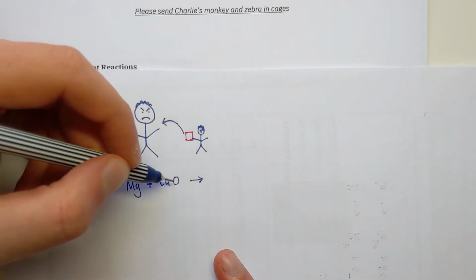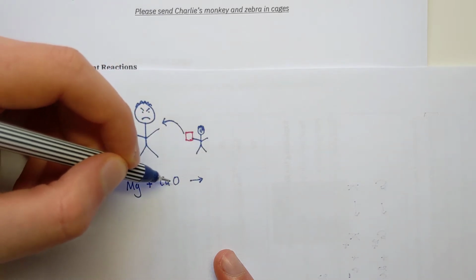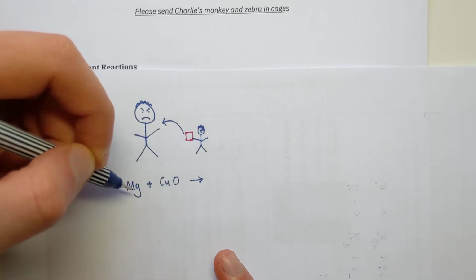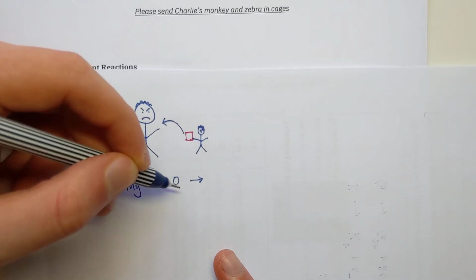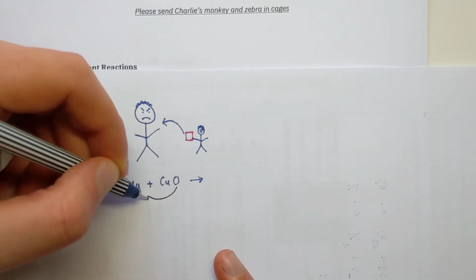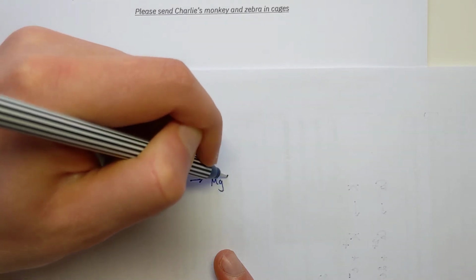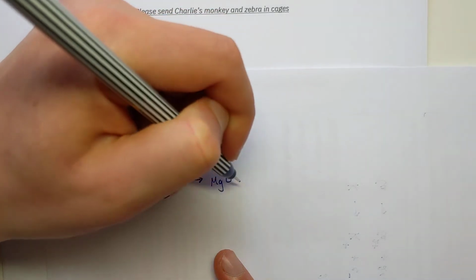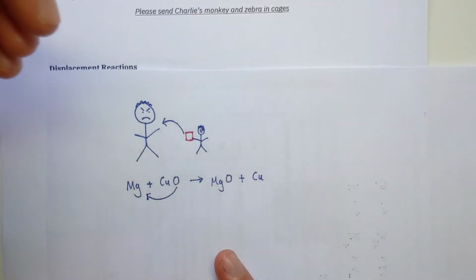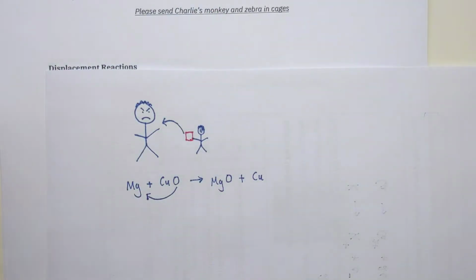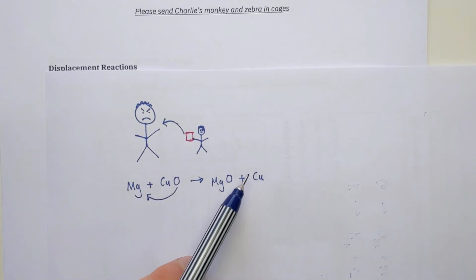So copper, the minute it's bonded to the oxygen, is quite happy holding on to it. But because it's not as strong as magnesium, magnesium is very capable of taking that oxygen away and leaving copper by itself. So at the end of this reaction, we'll have magnesium oxide, that's now a compound, and copper by itself. The terminology we'd use here is that the copper's been displaced.